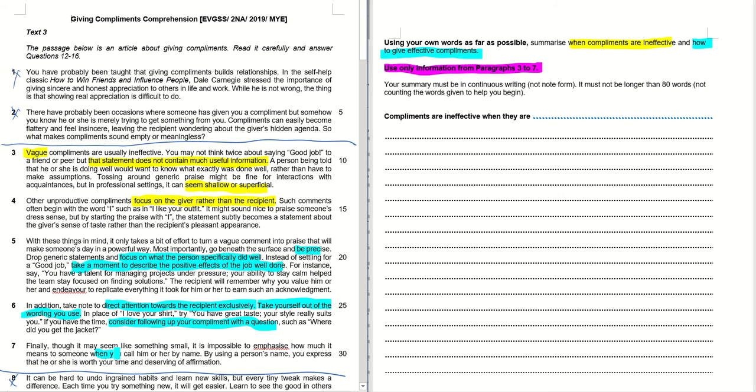So when you call someone by their name, it's actually quite effective. You express that he or she is worth your time and deserving of affirmation. So that's also one way to give effective compliments. So A is question analysis. S stands for select points.